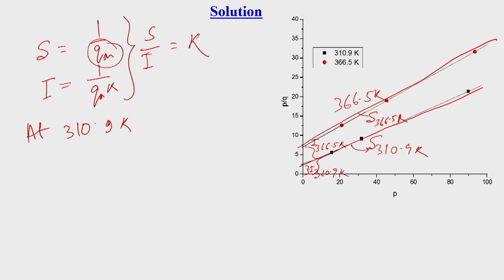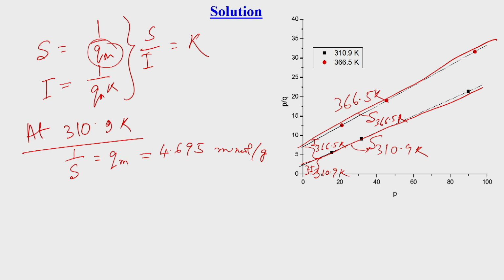At 310.9 Kelvin, whatever slope we have, 1 by slope is equal to qm, which is obtained from this curve, that is 4.695 millimole per gram.